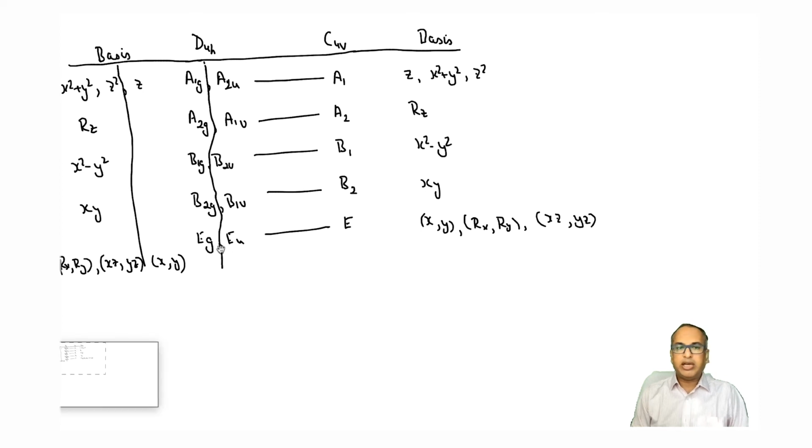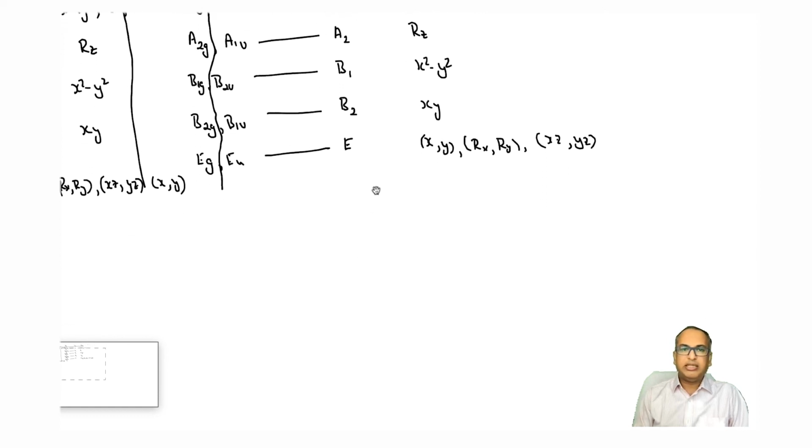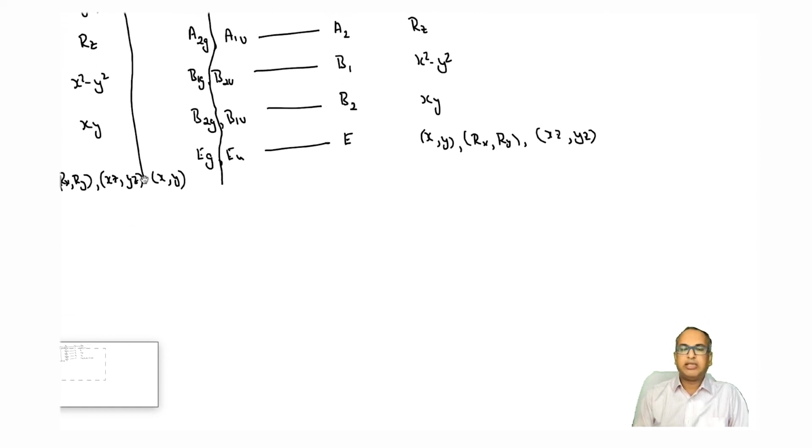So in many cases, you will see that. In this particular case, the EG representation and EU representations were correlated with E. So that means whatever degeneracy was present in D4H is still present in C4V point group, right? So degeneracy is not yet lifted, right? But in certain cases, the degenerate representation of one group may become 2 or 3 distinguishable IR representations in a subgroup.